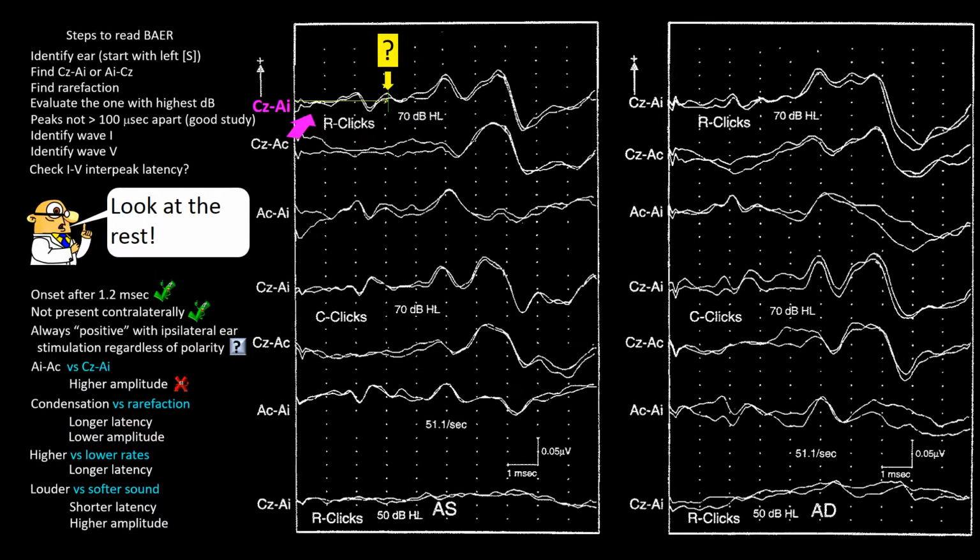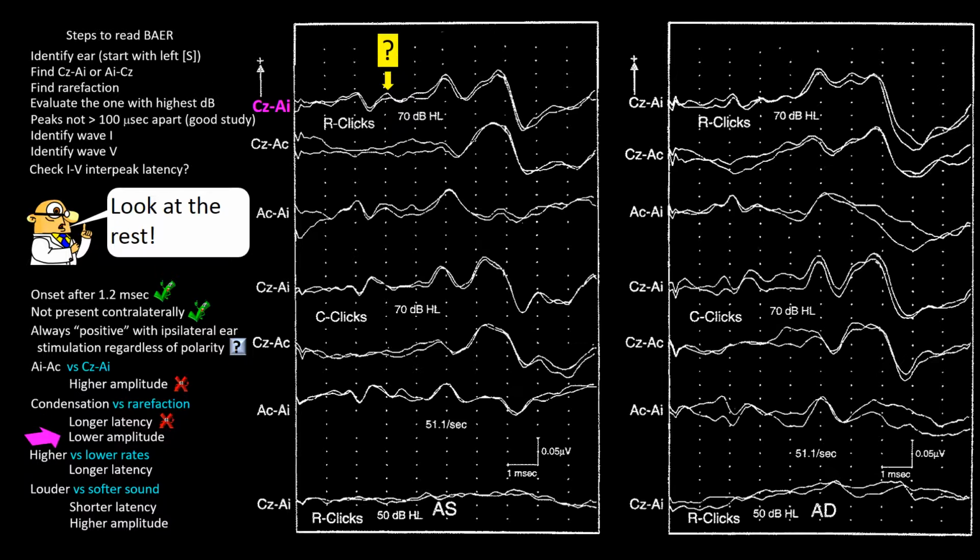So we look at the latency during rarefaction and then during condensation. And as you can see, they are about the same. So this item does not support the putative wave 1 as being the real wave 1.